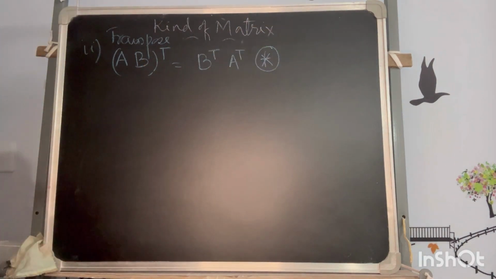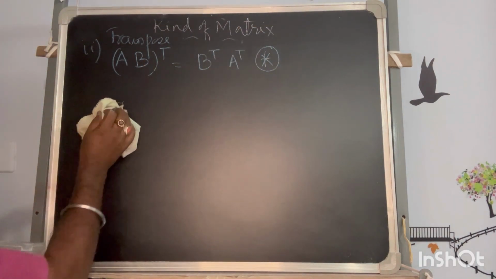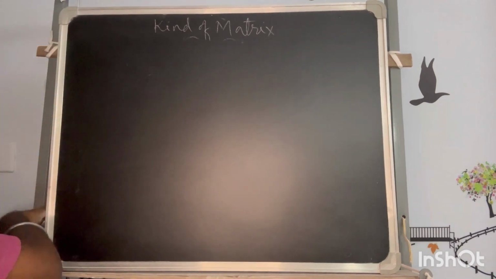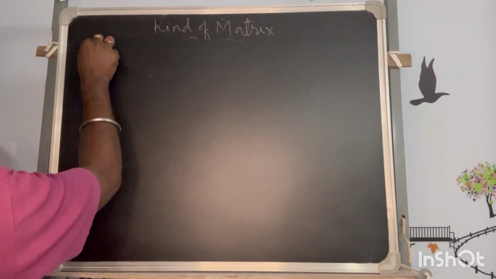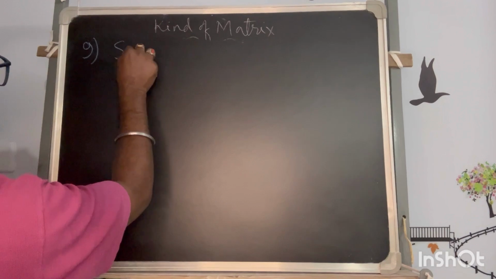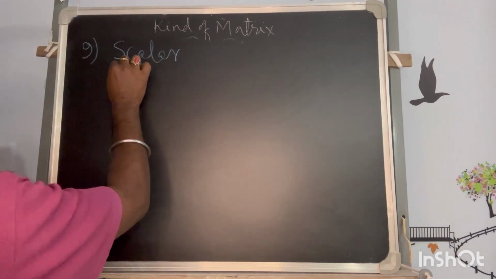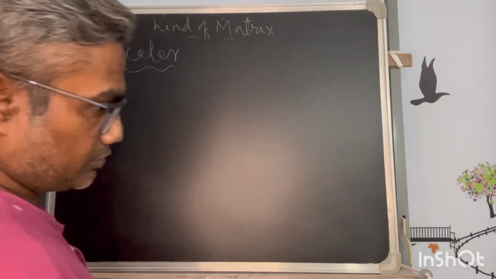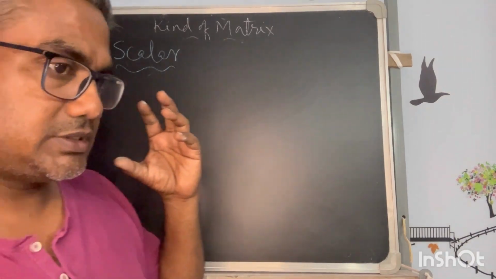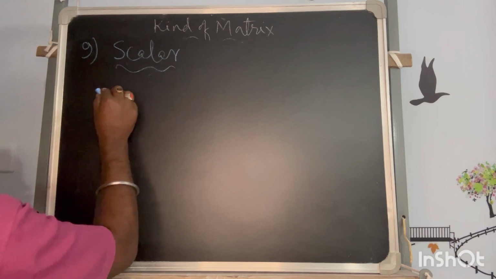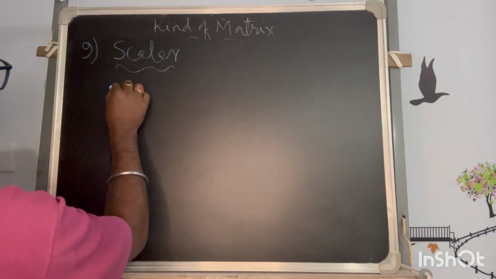Now the next variety of matrix is called the scalar. This is not exactly a matrix; you can say it is an involvement of a matrix.